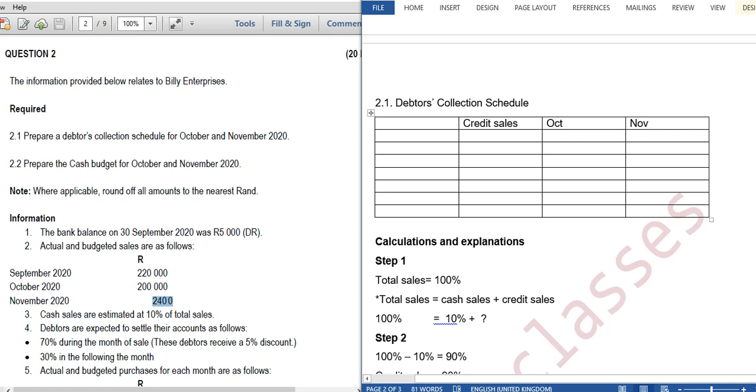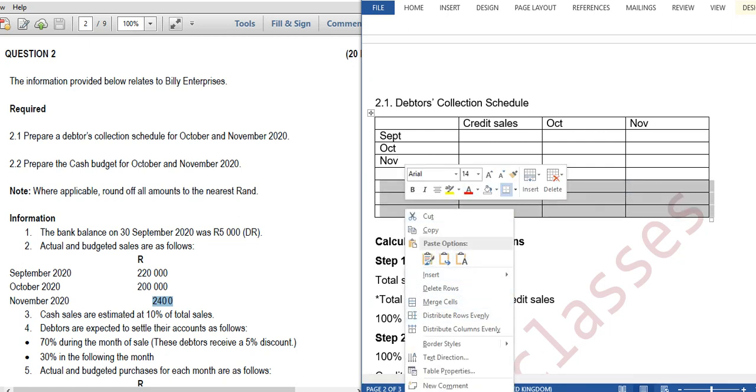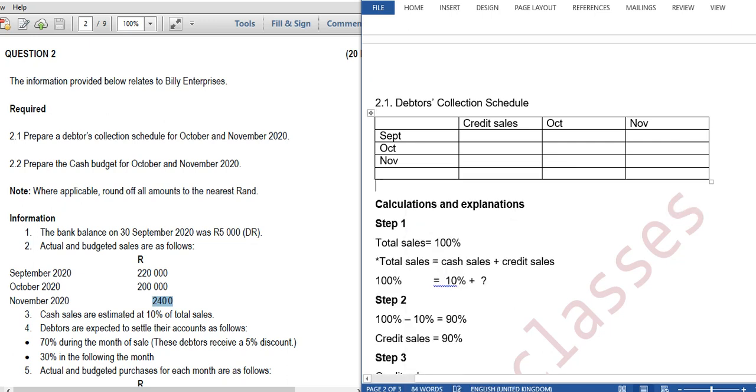Alright, so remember we have calculated our credit sales for September, October and November. So we are going to come here and say September, October, and November. So we just leave one row for the totals, the rest let us delete them.